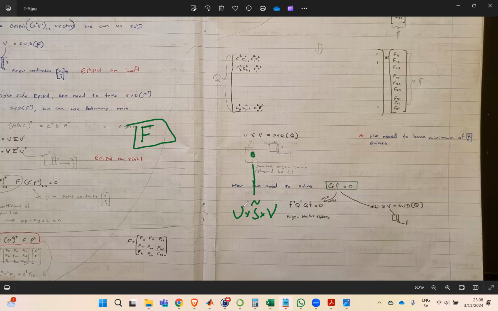Then we multiply these matrices again and make Q. Then again we take the SVD of Q to get the correct V. So we get U, S, V values again. Then we take the V again. This is our F. We do it 2 times. Is it clear?